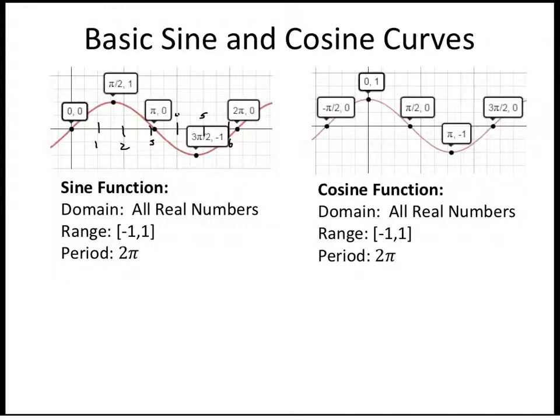And 2 pi is at 6.28. So we see this would be 7. So it's just below 6.5. And then putting those same numbers on the vertical axis, 1, 2, -1.